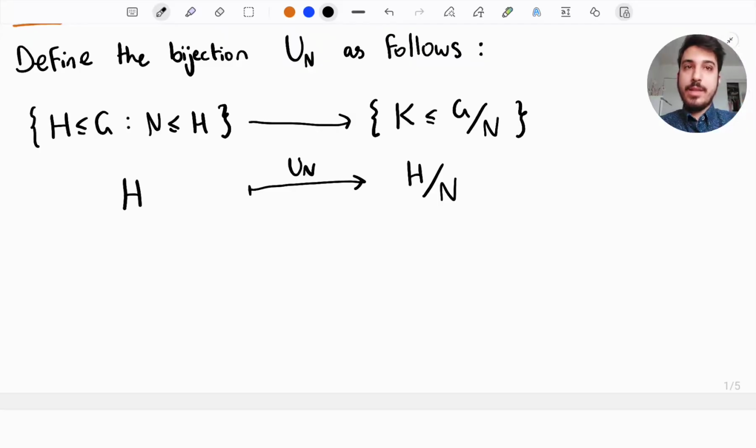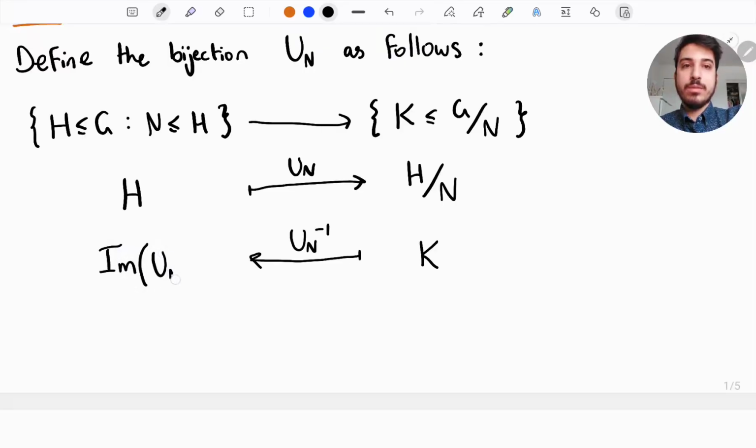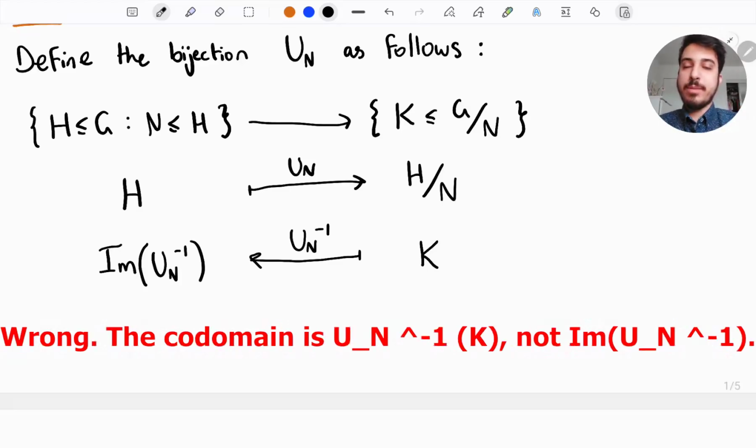And now we want to see that U_N is a bijection, so we will define the inverse of U_N, which takes an element K from the domain of the inverse map and gives you back an element in the image of the inverse map. So the definition here is not explicit like in here. Here we know exactly the definition. It carries H over to H quotient by N. But here we just simply say it carries it to the image of the inverse map U_N inverse.